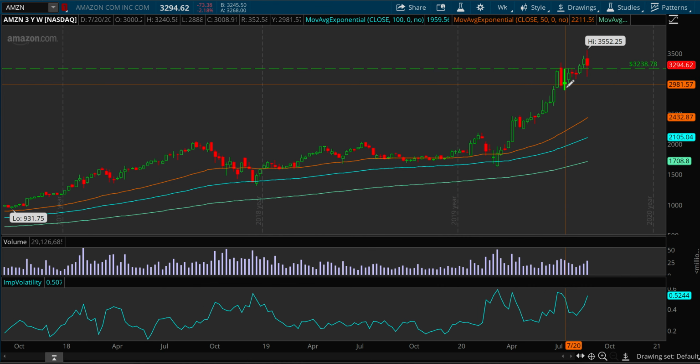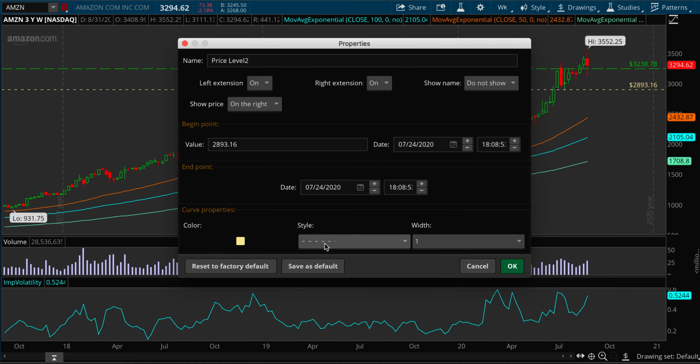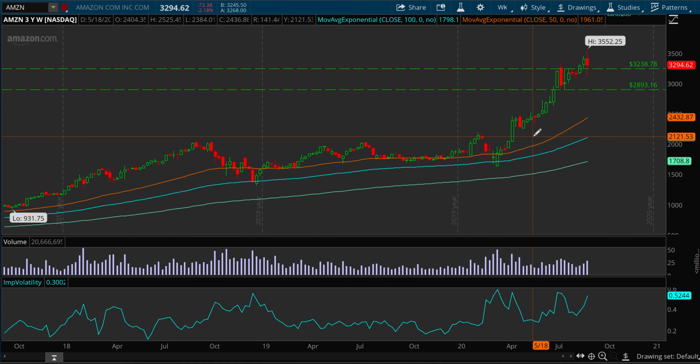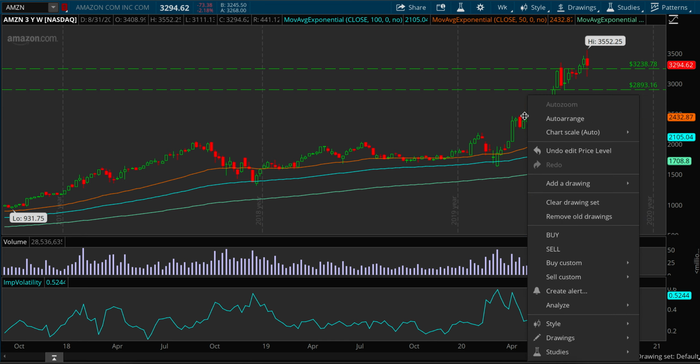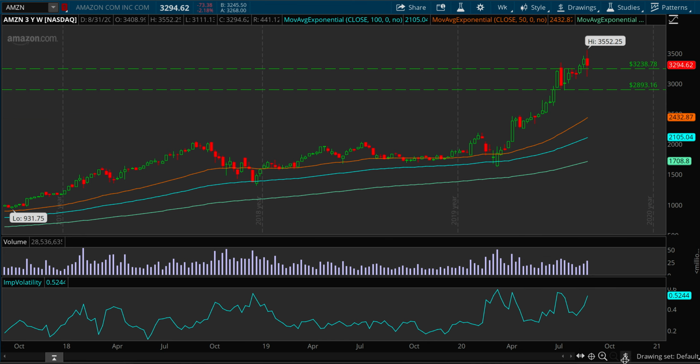You just go down and you find these key levels where you see there was a lot of resistance, and that's where you want to chart it. Basically, this is gonna help you know when you could be seeing some resistance and when you could be seeing some support. That'll really help you when you're trading, I promise you.